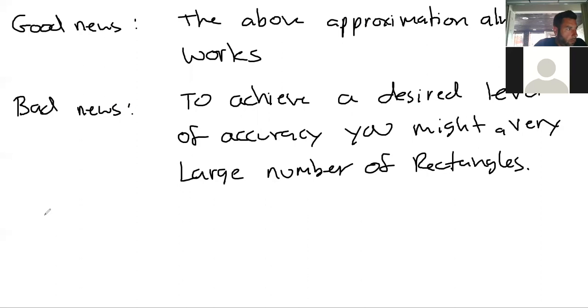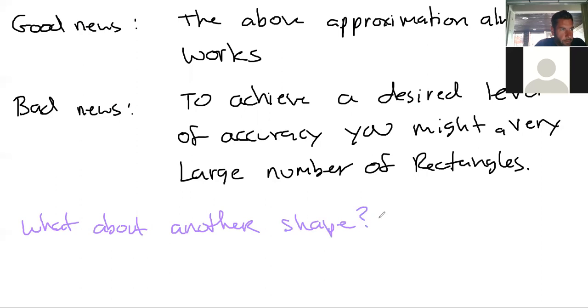So if we look at this good news and bad news, we might say, okay, what about another shape? What do I mean by another shape? Well, let's draw a picture.